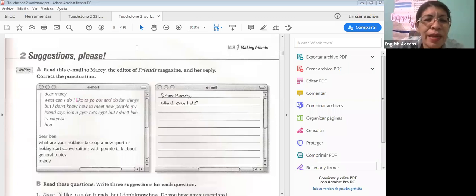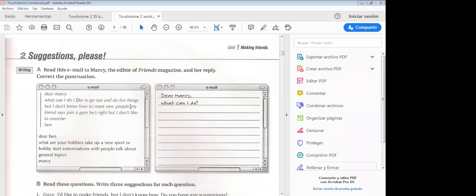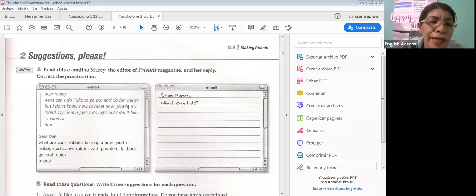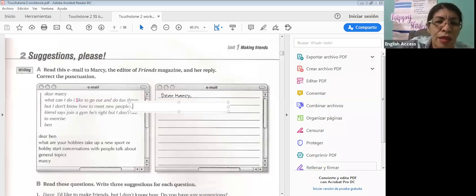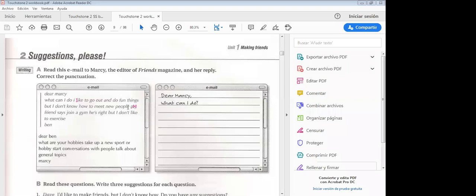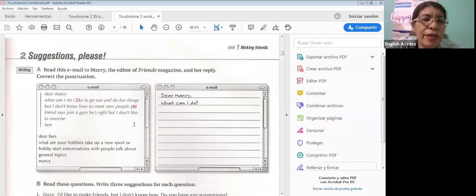We need a capital M. The thing is that I can't see with this. Okay, capital M. My friend says, join a gym. What do you need there?